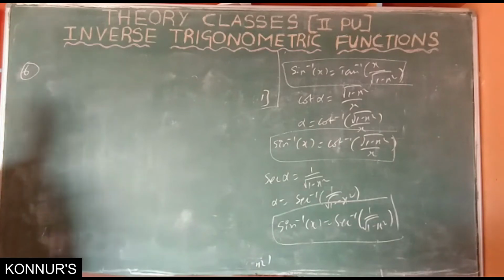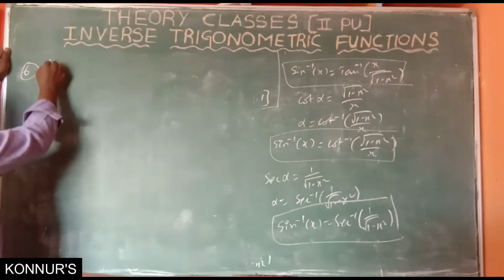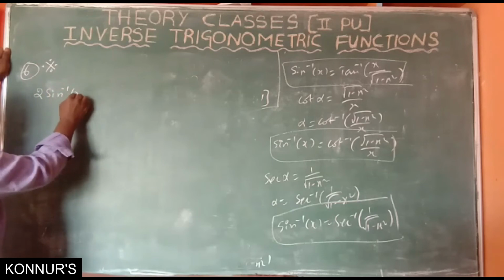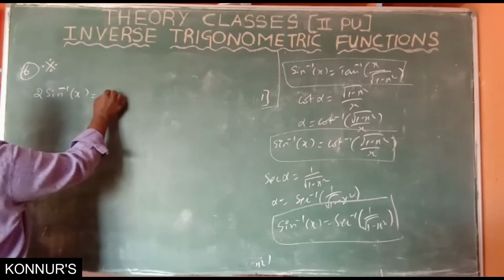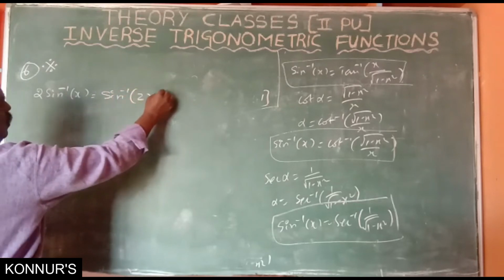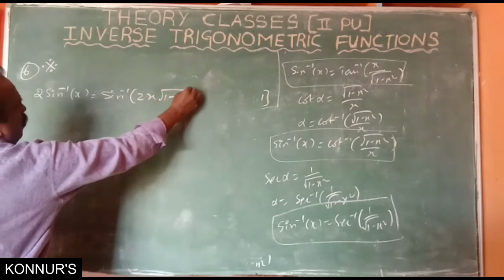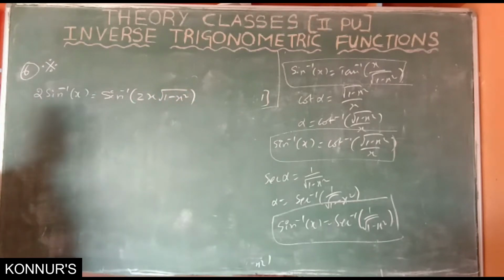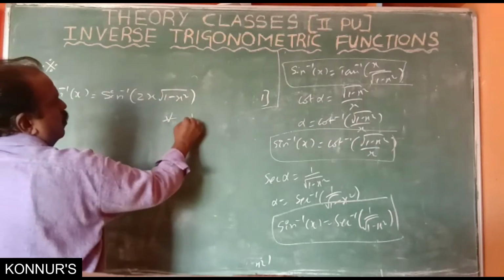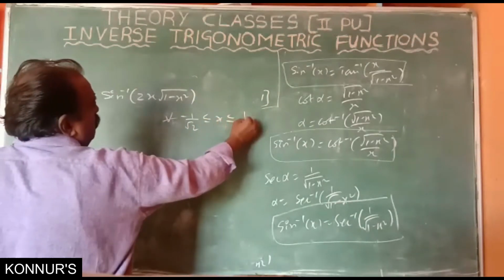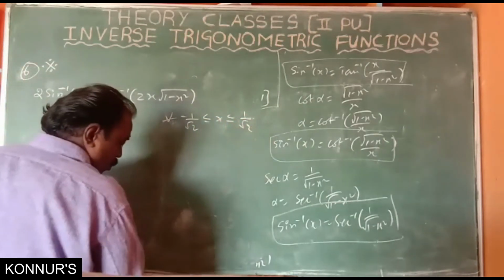Observe, it is important. 2 sine inverse x is equal to sine inverse of 2x root 1 minus x square, where x is between minus 1 by root 2 and plus 1 by root 2.